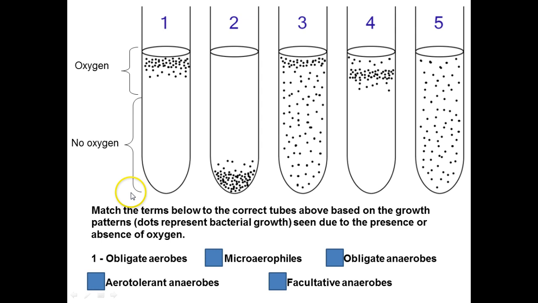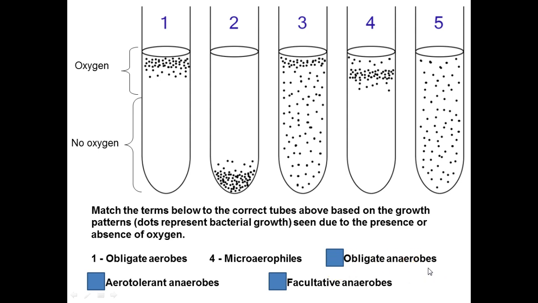So our obligate aerobes would have growth only in that oxygen zone, right? So number 1 represents our obligate aerobes. Number 4, right, is our microaerophiles, because again, they're going to be right below that oxygen zone, right? They're not going to be completely at the top. They're going to be where there's a little less oxygen.